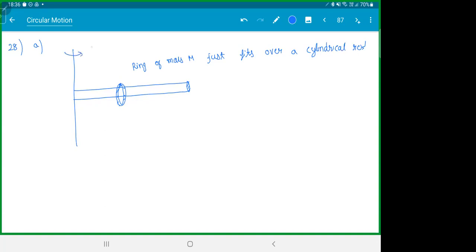And this started rotating with alpha. Alpha is the angular acceleration. So this is the first time you're bringing alpha into problems. The rod has a friction mu, gravity is also there, and this radius is r. So initial angular velocity is 0. Find the time when the thing starts slipping.